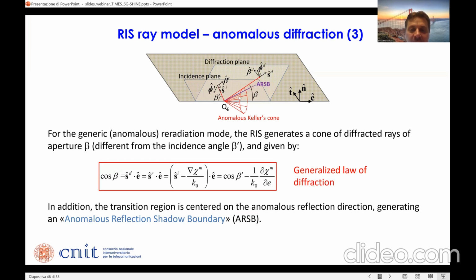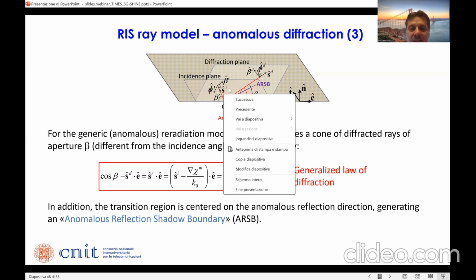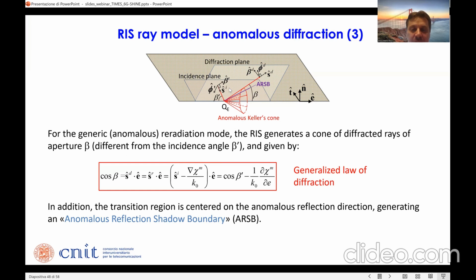This happens because, once again, I repeat that diffraction must compensate for reflection to ensure a smooth transition of the radiated field. And in this case, since the RIS is modulated, we have this spatial modulation coefficient, we have an anomalous reflection that must be compensated by anomalous diffraction.